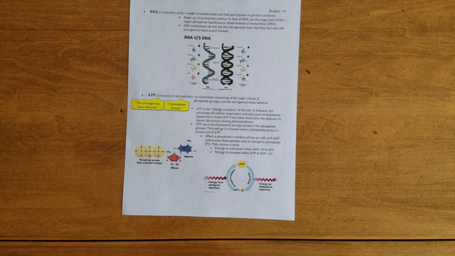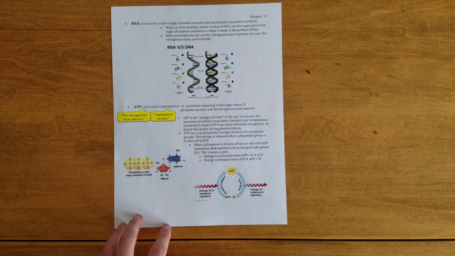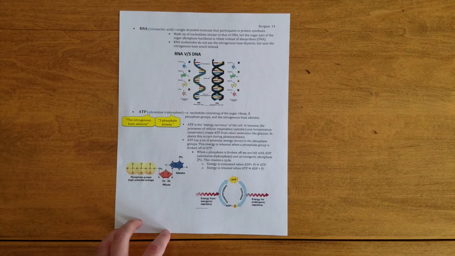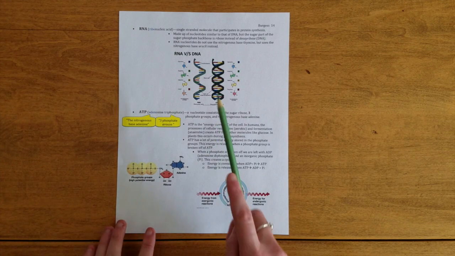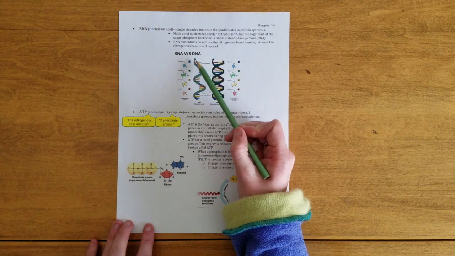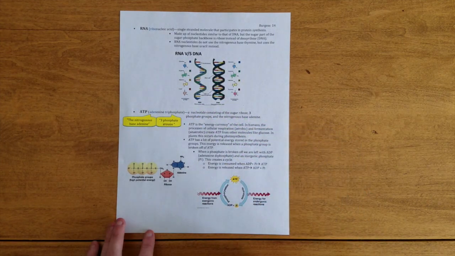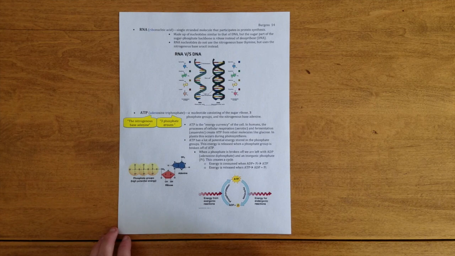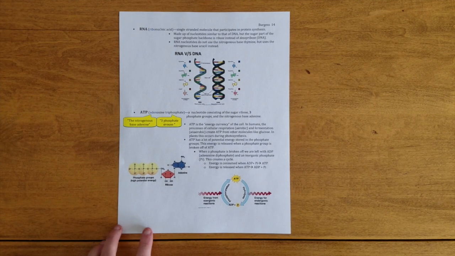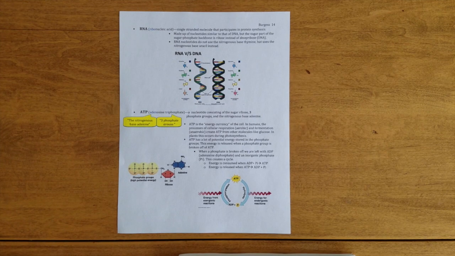Unlike DNA, RNA is a single-stranded molecule that sort of just has these nitrogenous bases sticking out in the middle. The purpose of RNA is it's sort of an intermediary step in protein synthesis. Specifically, RNA is made during transcription, the transcription part of protein synthesis. So I encourage you to look into that.